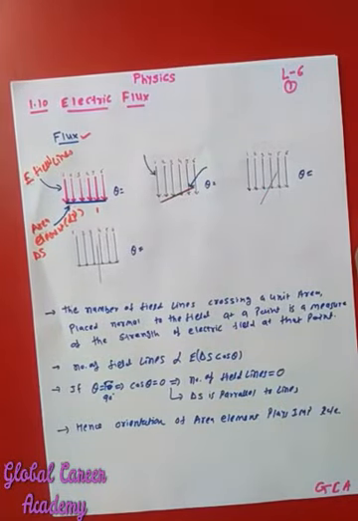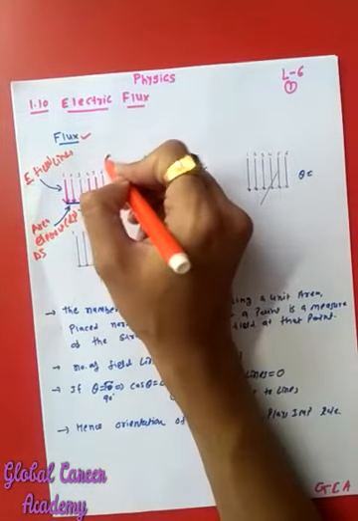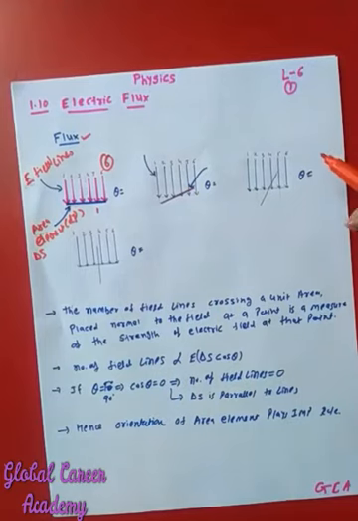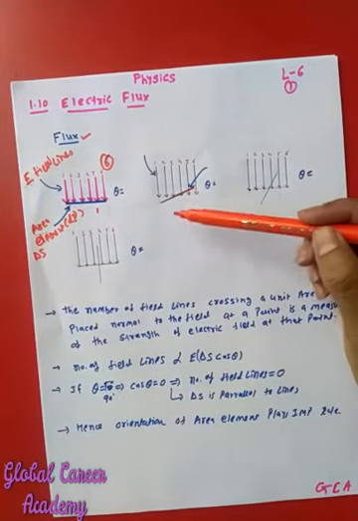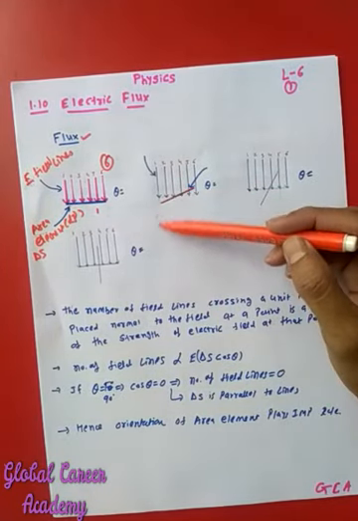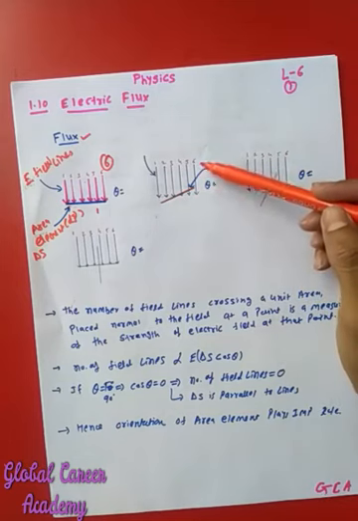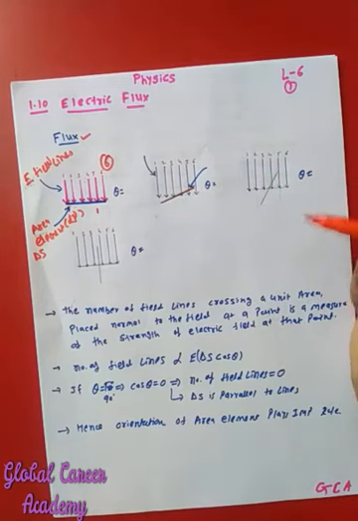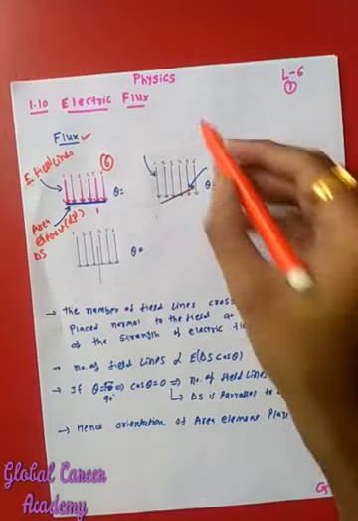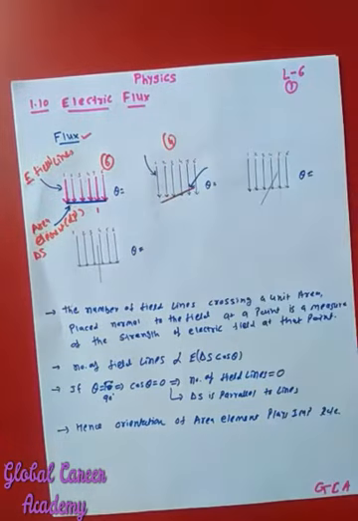Again my question is, how many lines are passing? Line number 1 cannot pass through this area element, and line number 6 cannot pass through the area element. So your answer is 4.